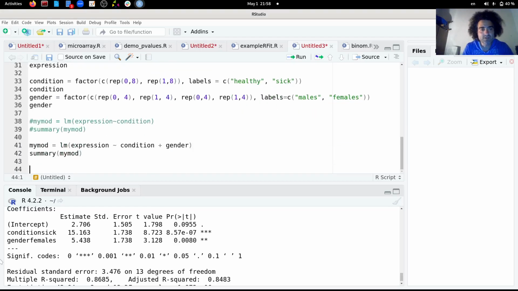What I want to stress here is that when we have more than one variable, 2 variables for example, like here, the estimates do not necessarily represent mean values. They represent mean values only if there is truly no interaction between these two variables.